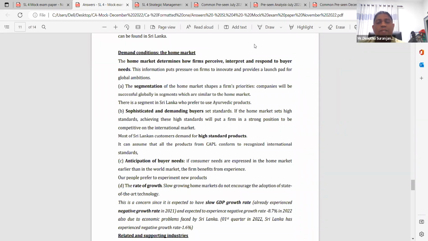So that's an advantage. Only concern is that the growth in the Sri Lankan market with this current crisis is very difficult to judge. That's a disadvantage.